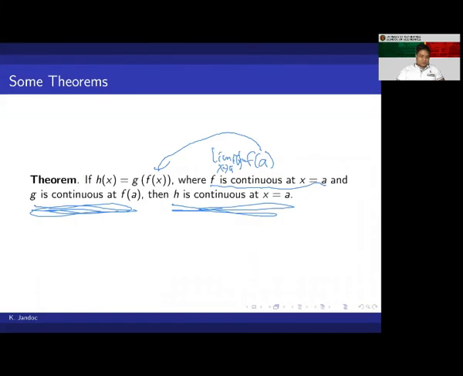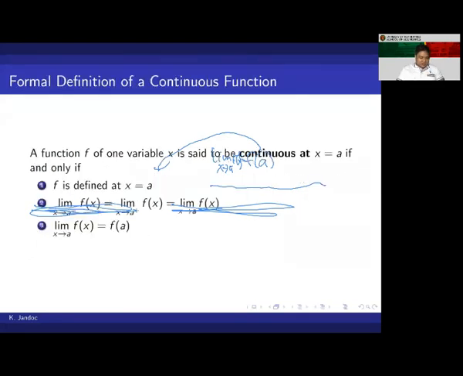Remember that f is continuous whenever, let's go back a few slides, the limit of f of x as x approaches a equals f of a.